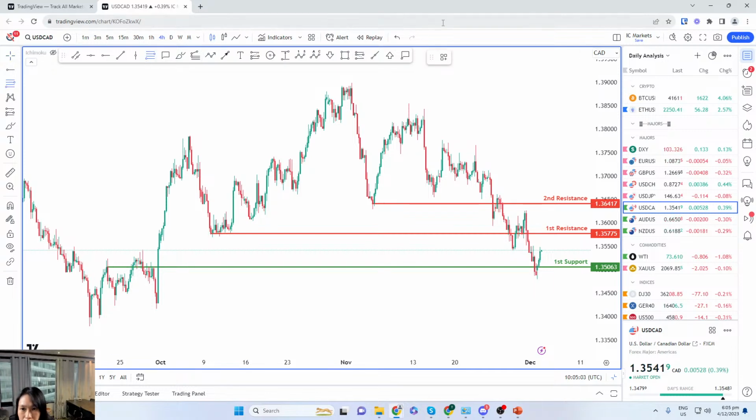Okay, let's see if there is any Fibonacci retracement level.